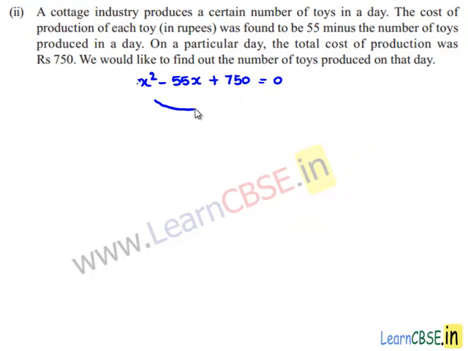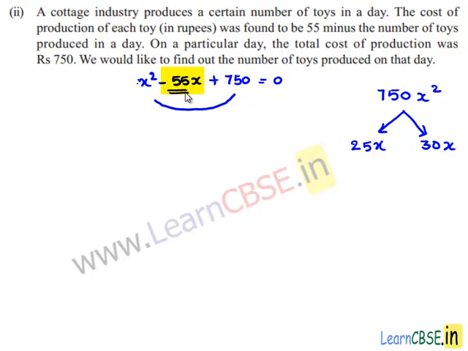Now the product of the first term and the last term is 750x square. We need two terms such that their product must be equal to 750x square and their sum must be equal to minus 55x. Let us take 25x and 30x. 25x multiplied by 30x is 750x square, and 25x plus 30x is 55x.